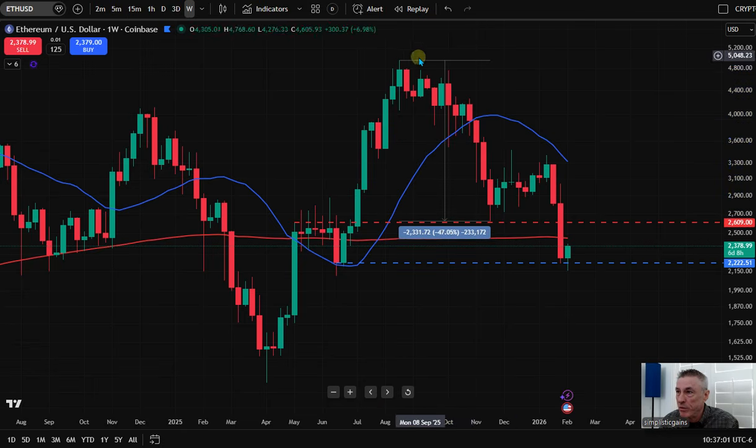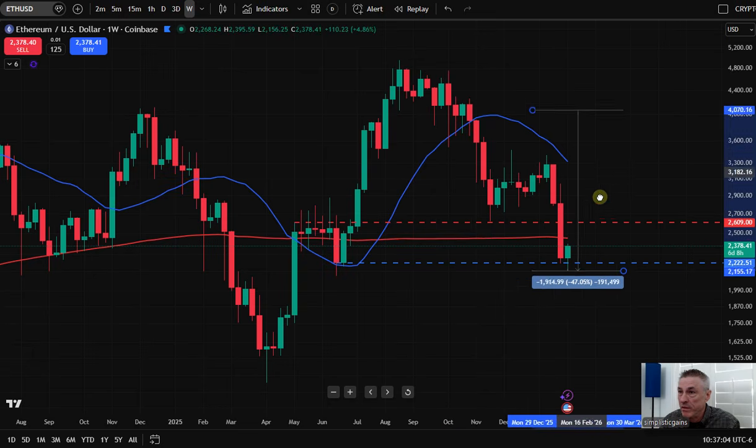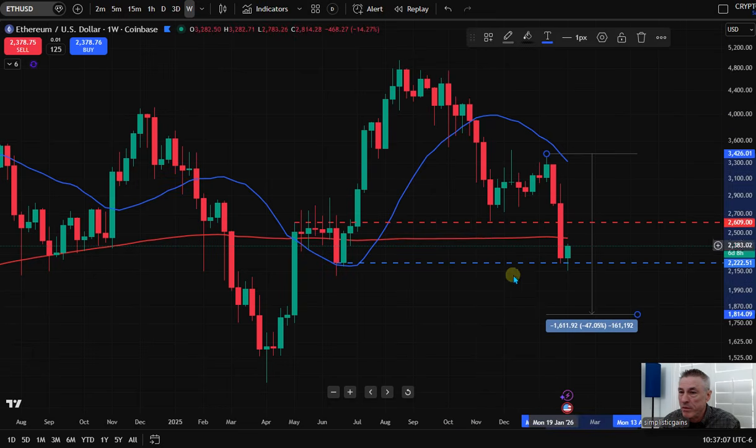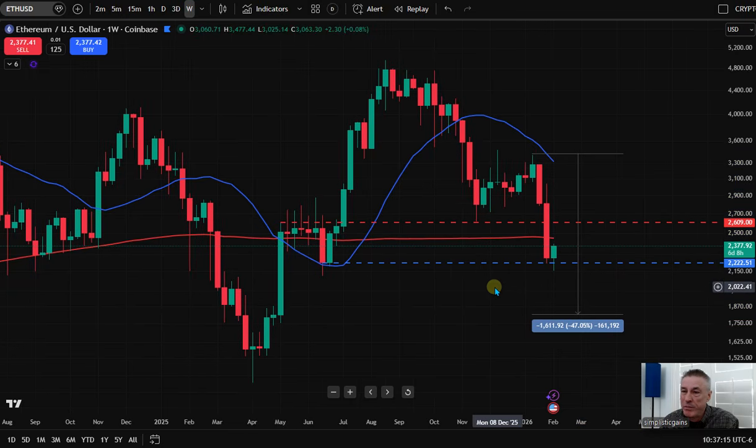So we had this pullback here, a little push to the upside. Okay, measure and move. Yeah, if we lose this blue dash line here, okay, now, heads up on this. A lot of times these red candles, okay, and if we put these two together, that's really one big red candle here, okay? They'll put in a pause candle, okay?